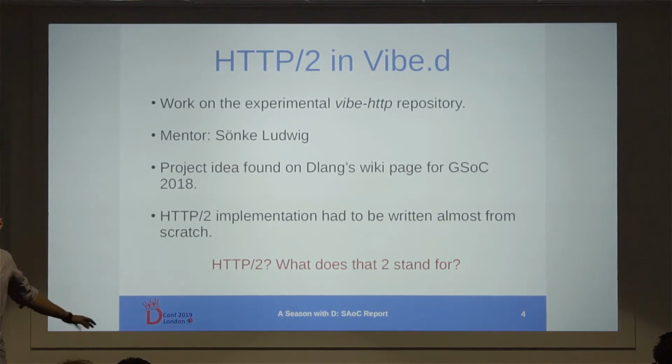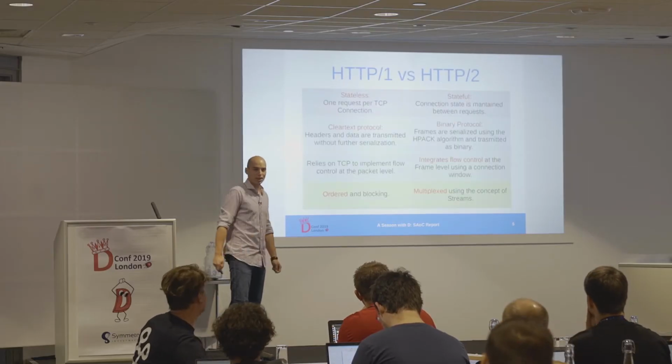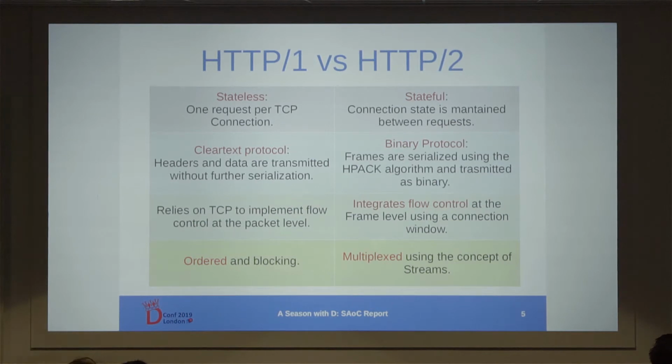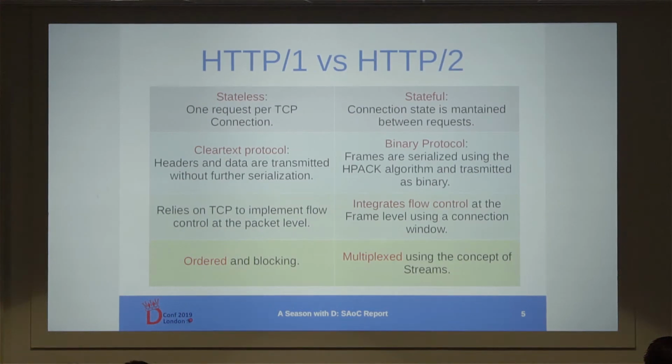So how many of you are familiar with HTTP2? All right. For all the others, I've prepared a couple of slides which are a quick introduction. There are four main differences between HTTP1 and HTTP2, but at the low implementation level, there are many more. The first is that the protocol is stateful, so you have to maintain a connection state.